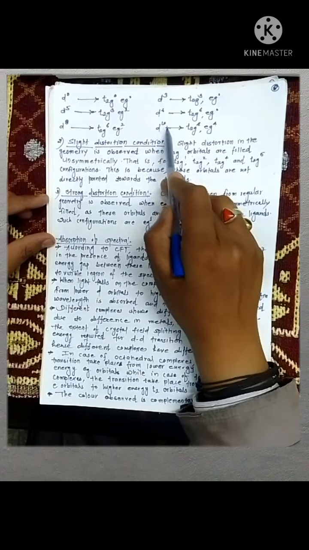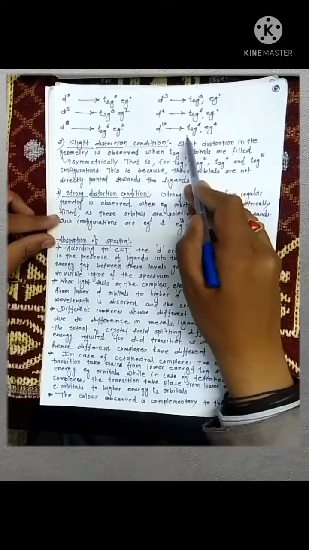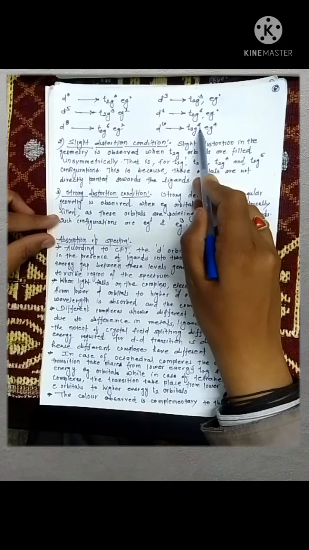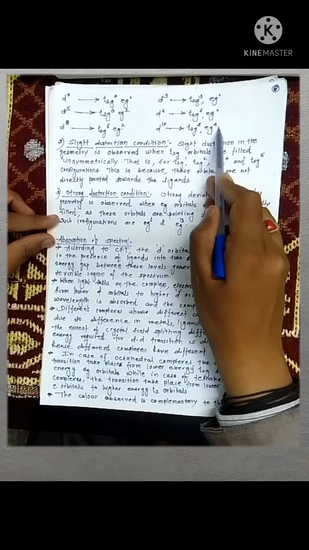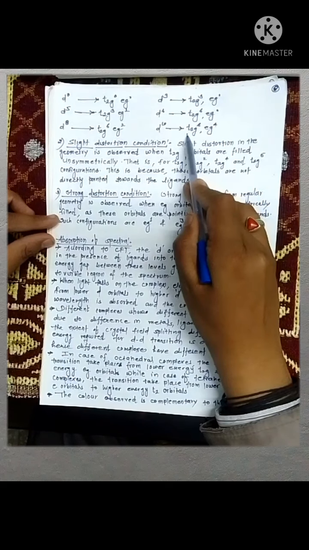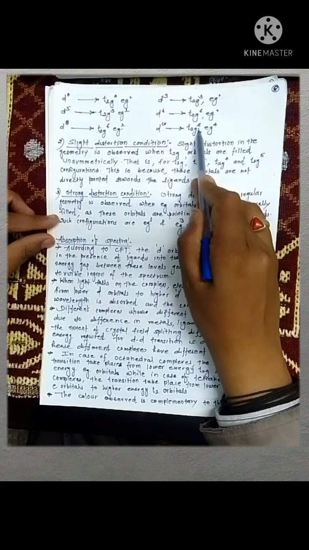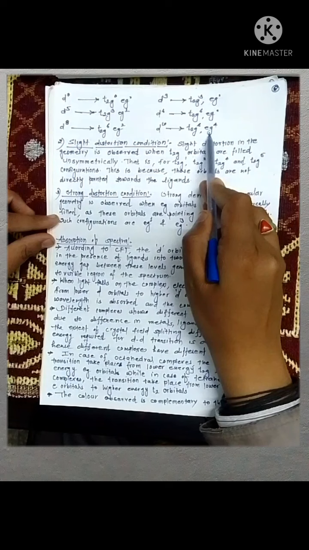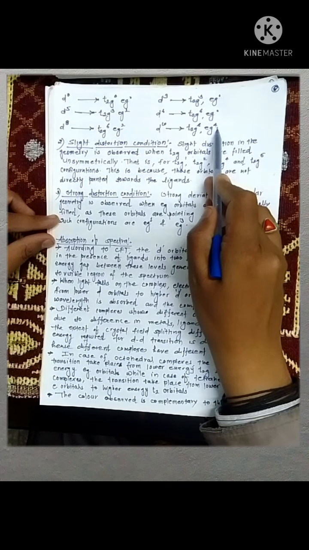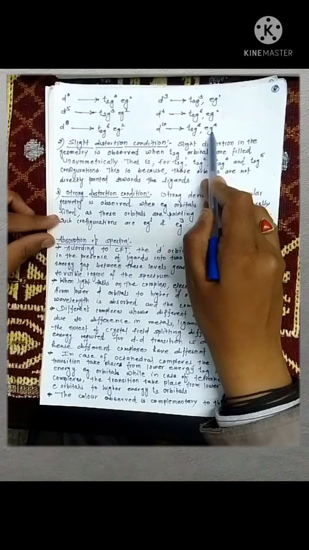In d10 electronic configuration, your T2g set contains 6 electrons while the Eg set contains 4 electrons. In this case, both the T2g set and the Eg set are fully filled. That's why this also does not show distortion.